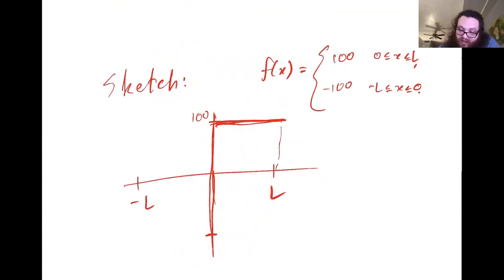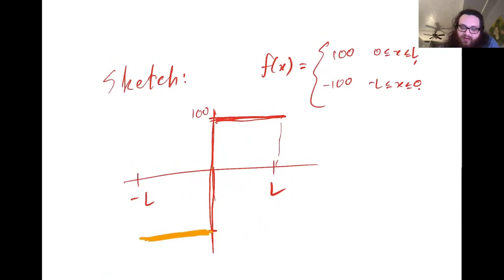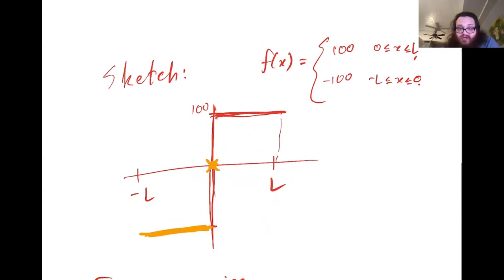So in this case, the odd extension will look something like this. And you can pick one or the other of these endpoints. In this case, it doesn't really matter. I guess for this to make sense, you need f of 0 to be 0. So that's a sketch of the odd extension of f of x equals 100.